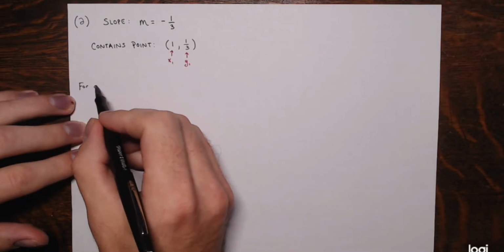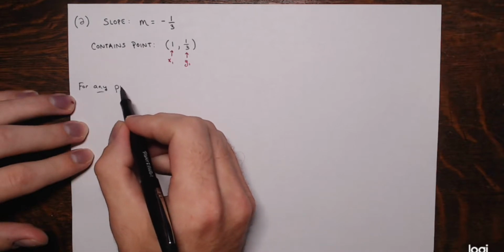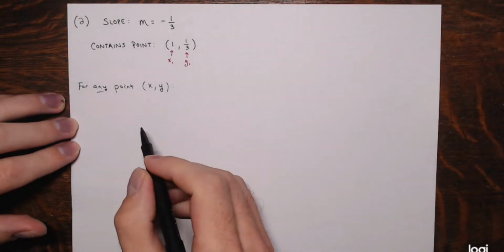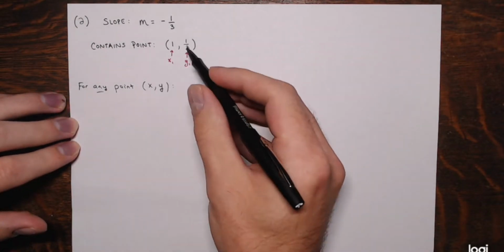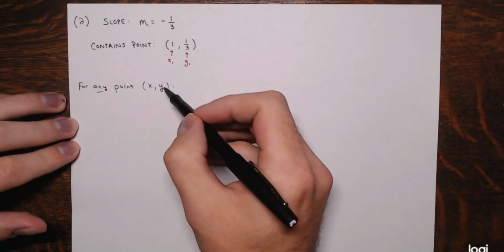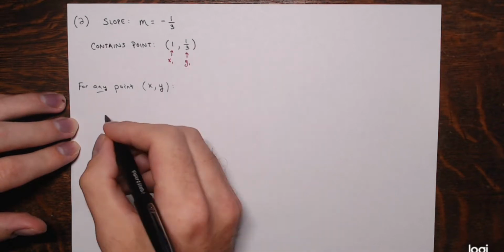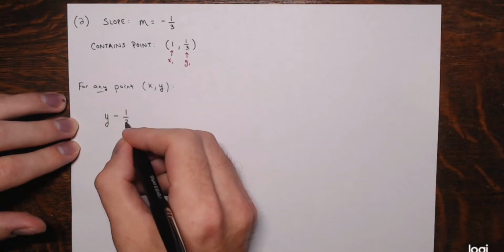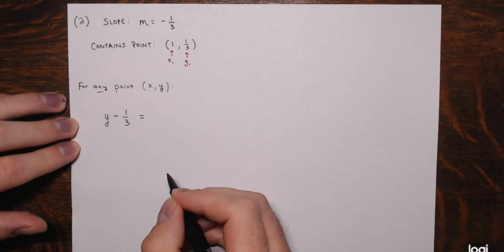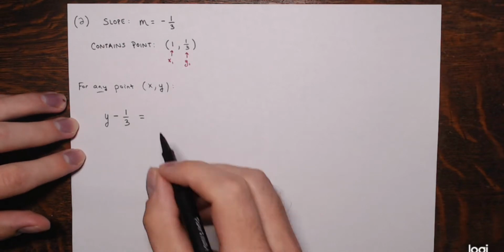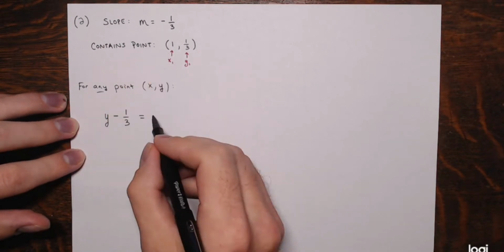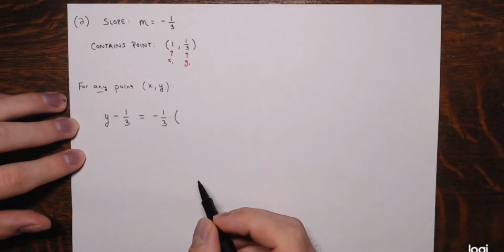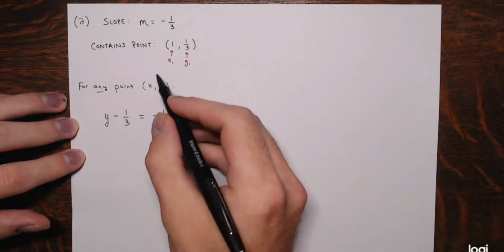For any point x, y on the line, this will happen. The change in y, between this point and any point on the line and this point I know. So the change in y, y minus y1, y minus 1/3, will be equal to the slope of this line, m, which is negative 1/3, times the quantity and then the change in x, x minus x1, x minus 1.